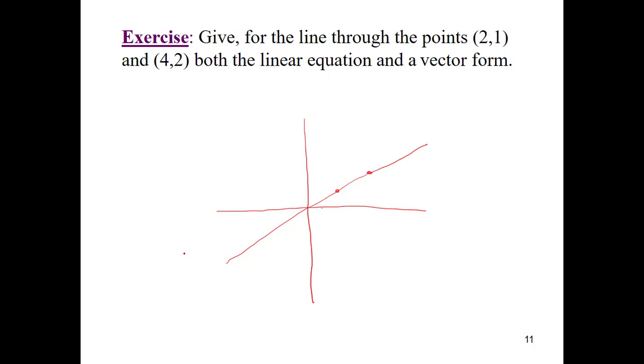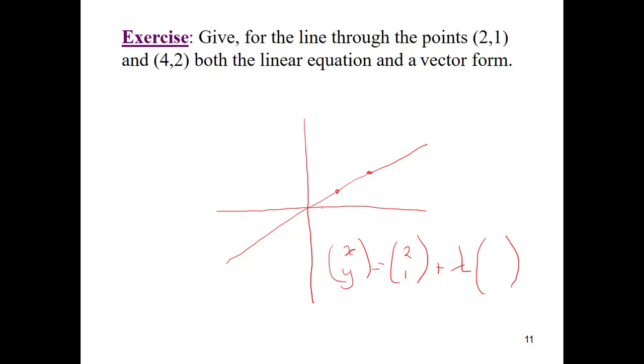Let's start with the vector form. For the vector form, we need 1 point on the line, so let's choose this one, point (2, 1). So (x, y) would be some starting point, and we chose (2, 1), plus a parameter lambda times the direction vector. We need to have a movement on this line, so let's go from this point to that point.